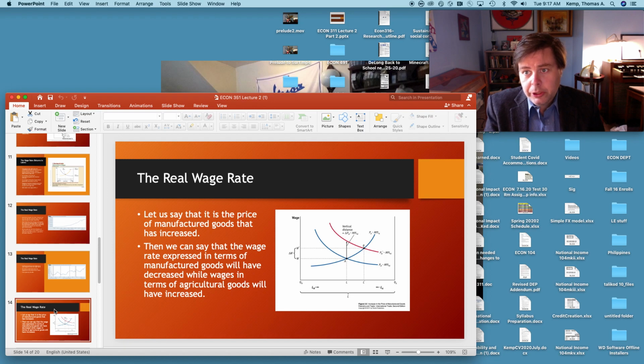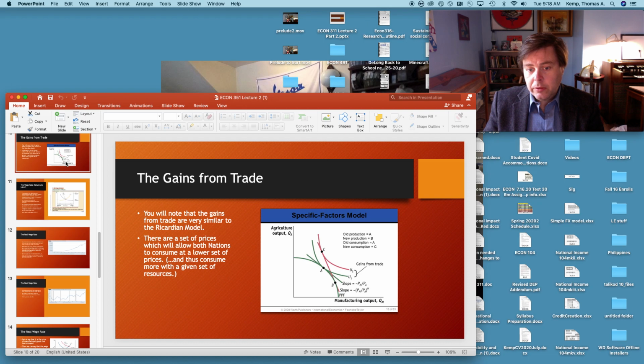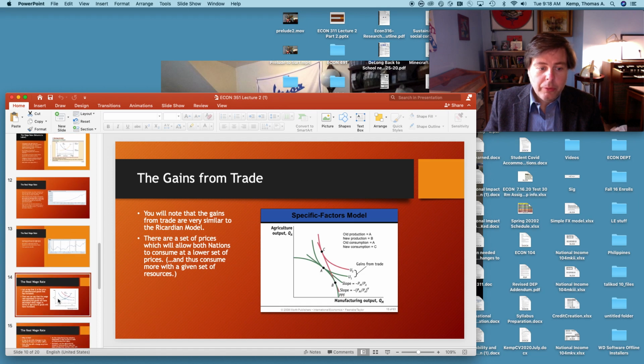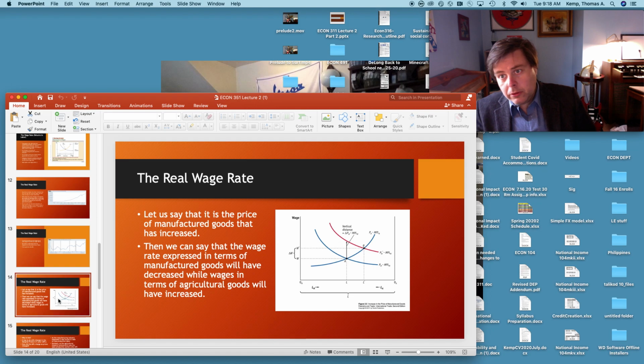Okay, so here we go back to these graphs. Let's say that the price of manufactured goods increases, where the price of manufactured goods is increasing relative to ag goods. We're just following through on that example, but now looking at factor returns, real wages.